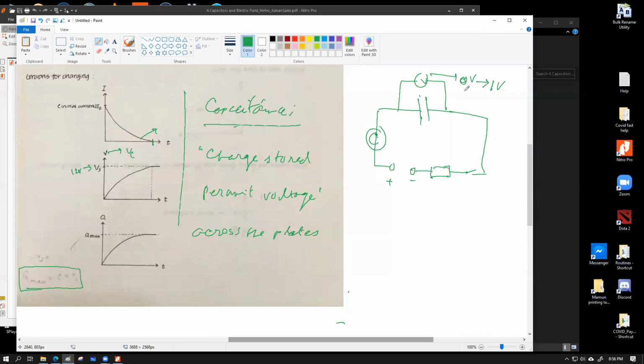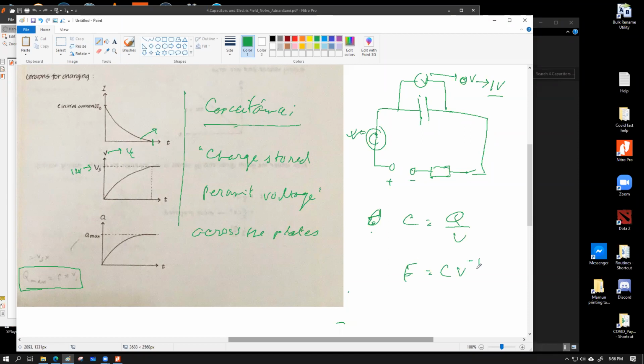The amount of charge that will be registered over here to make the voltage difference across the two plates of the capacitor 1 volt, that amount of charge is what we define as capacitance. Or in other words, in an equation, capacitance C is given by Q by V. The unit of capacitance is the farad, which is given as coulomb per volt.